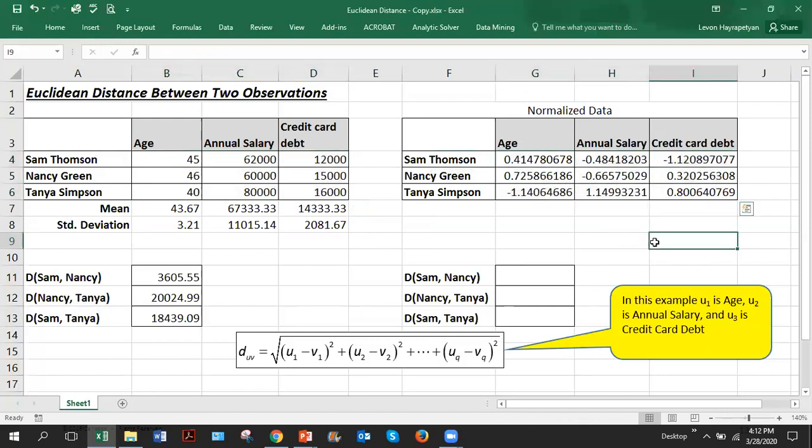Now I will calculate distances between these three observations, again Euclidean distances, now based on normalized values. Here we calculated those distances using original data. The formula is the same. This is the formula which we will use, SQRT, square root of, and now I will use these numbers.